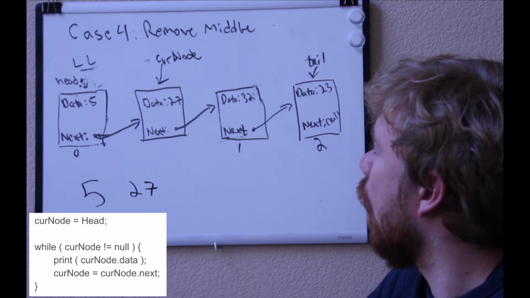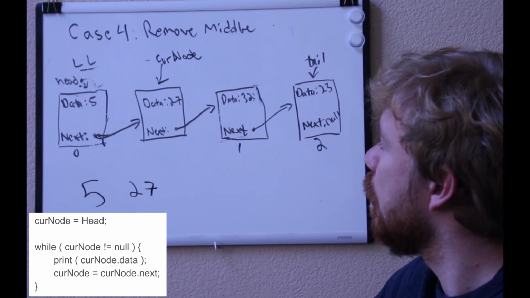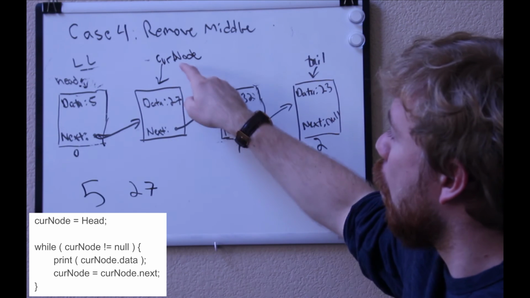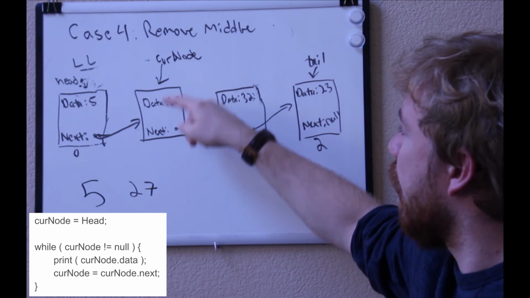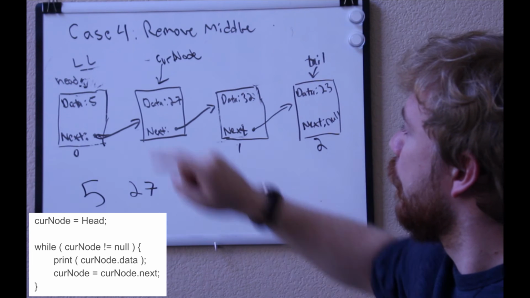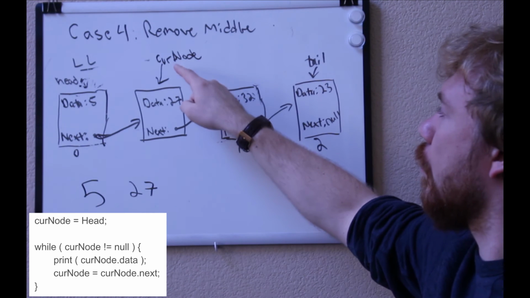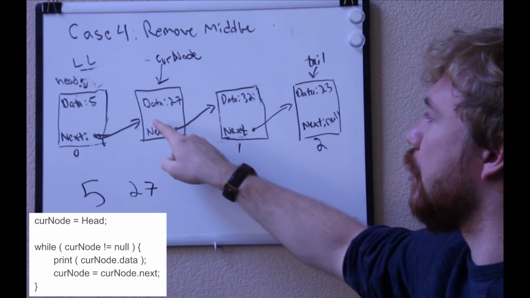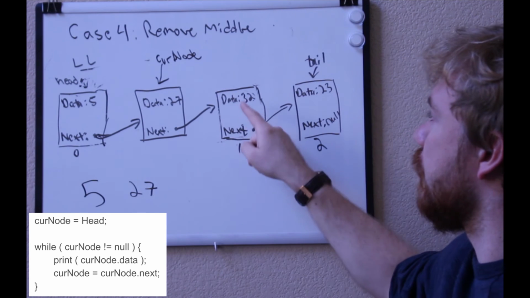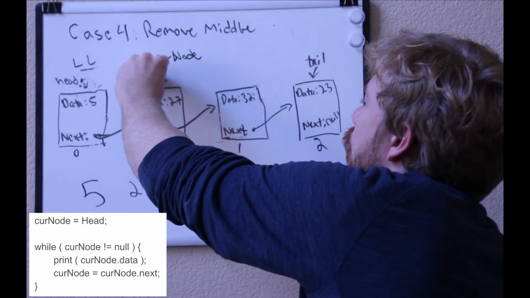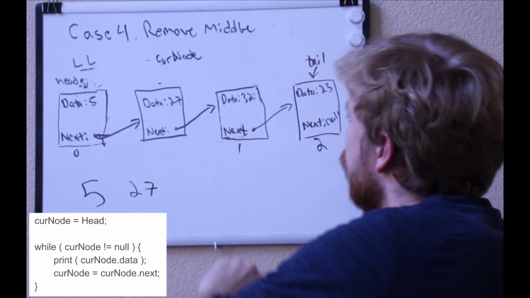And then we once again adjust current node's reference to be its own next variable. In doing so, we're saying, okay, current node, change your reference to be whatever your next is referencing, which is the next node, this guy. So we'll go on to the next node.